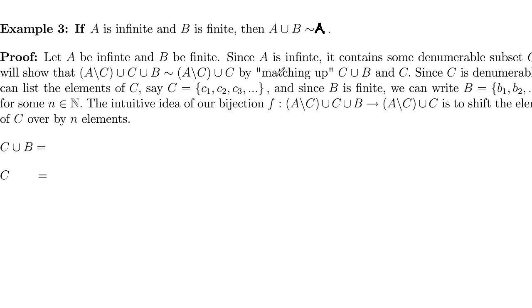What we want to do here is start with the general infinite set A and let B be a finite set. Since A is infinite, it contains some denumerable subset. We're going to call that C. The way you can find that denumerable subset, I think they have you do this in the homework problems, is by selection.